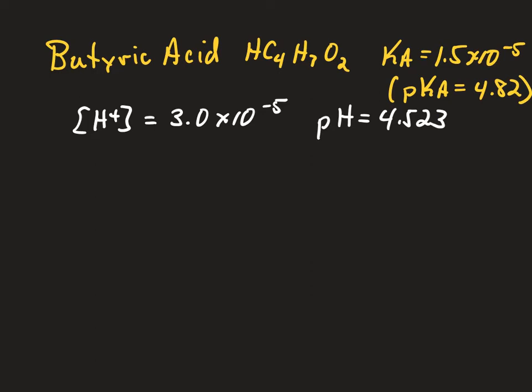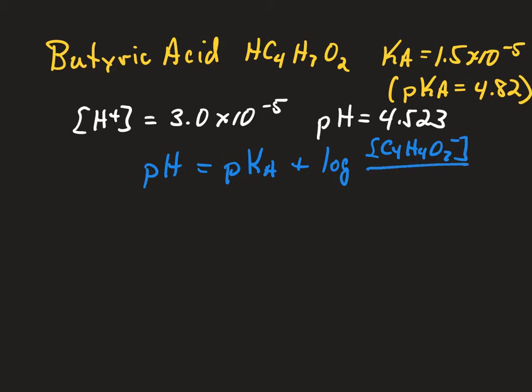And if we remember our Henderson-Hasselbalch equation, the pH is equal to the pKa plus the log of our concentration of our basic form, which is our butyrate ion, divided by our concentration of undissociated butyric acid. And I say it that way.